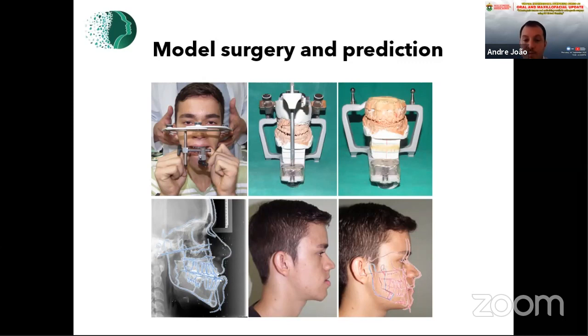I don't know how things are in Indonesia, but in Brazil, the use of 3D surgery created what is called translation, like virtual surgery offices. Basically, you can send all the patient data, and they do the planning for you.